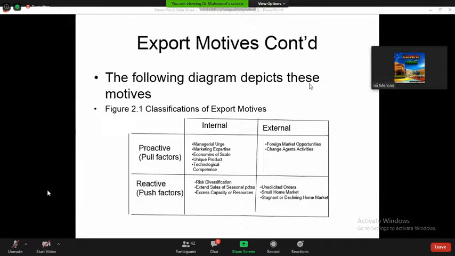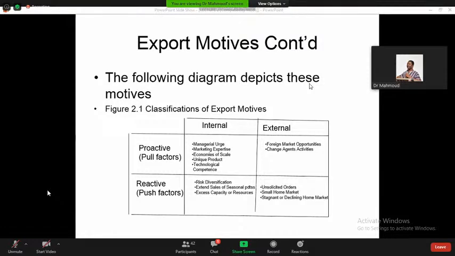My question is, if an individual within your local market knowingly or unknowingly sells your product in the international market, does it fall under reactive push factors? Yeah, so that's the unsolicited order, the way I explained it. You have no knowledge, but people have taken it out there, and yet requests are coming to you. So it falls under unsolicited orders. Are you with me?